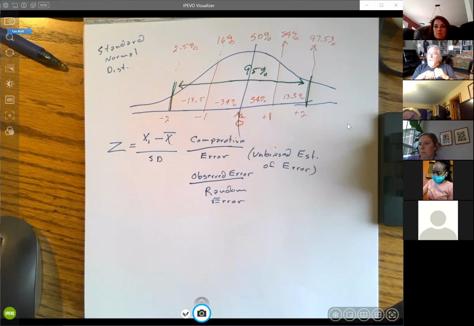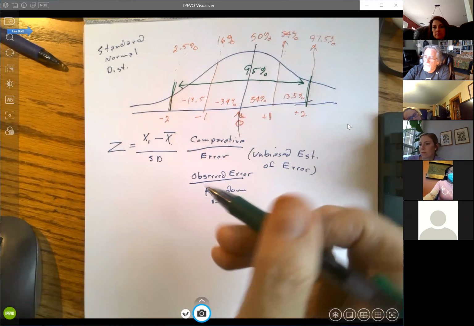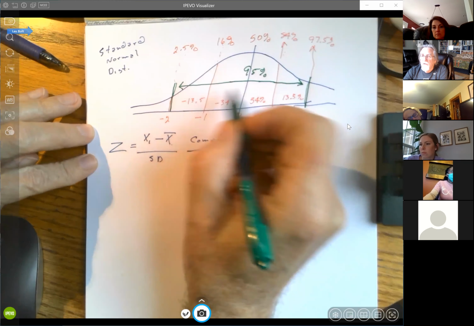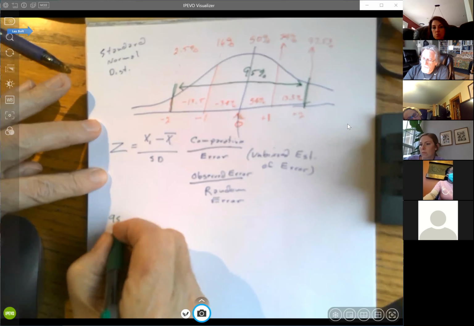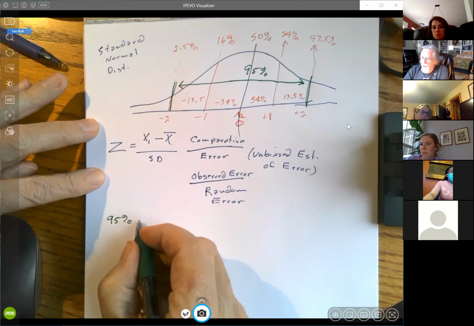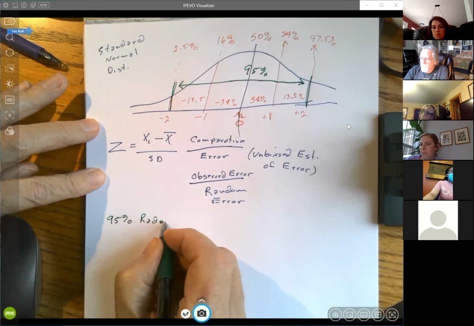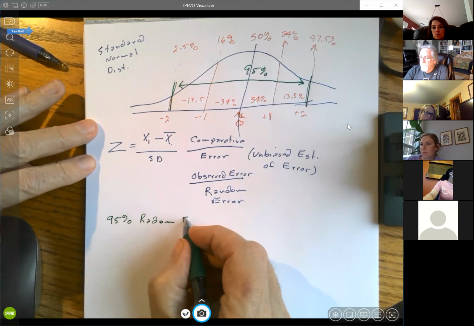And so if we observe something that occurs within this middle 95%, we would say that happened by random chance. And that's random error.